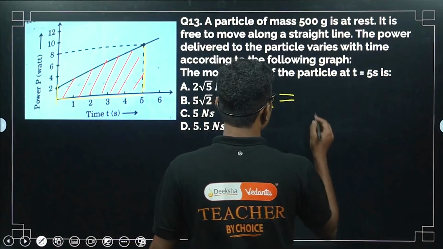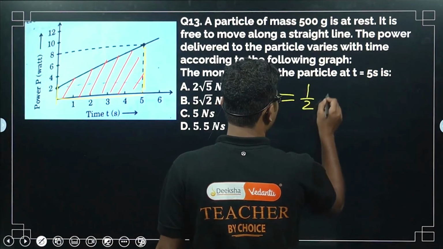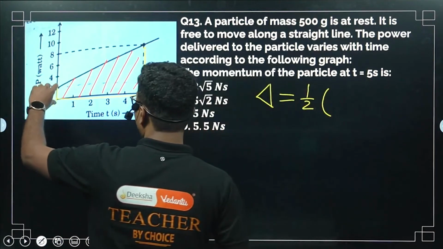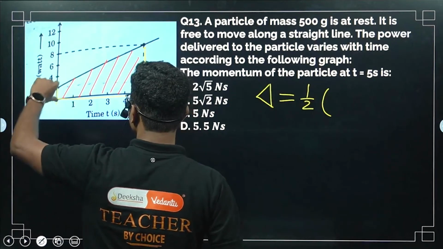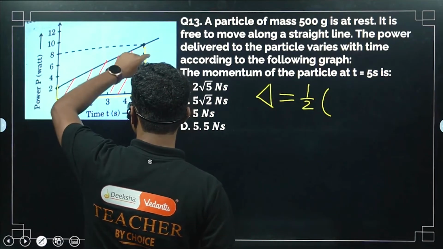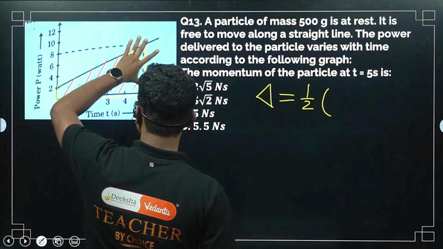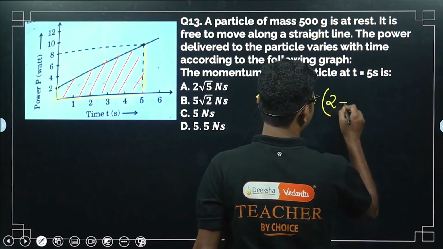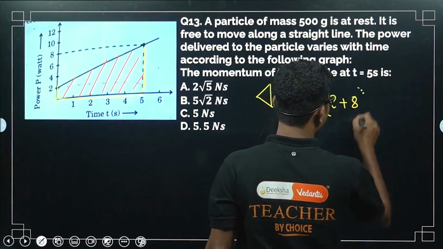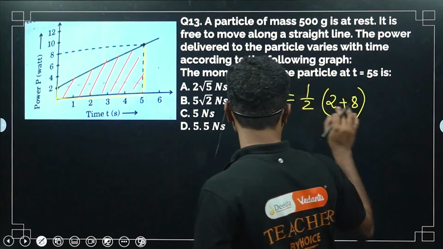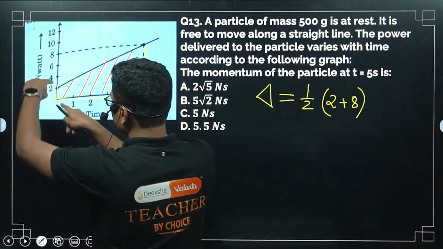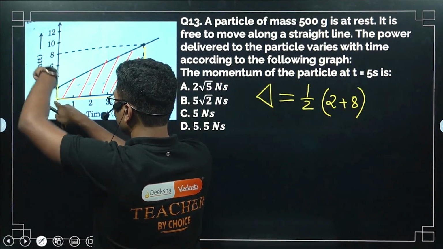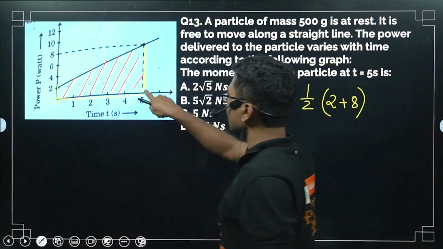Now for the area of a trapezium, we know it is half into the sum of the parallel sides. So this is 2 and this is 8, right? So 2 plus 8. You can use the triangle plus rectangle method, but this is the shortcut method. This is 0 to 2, this is 0 to 8.